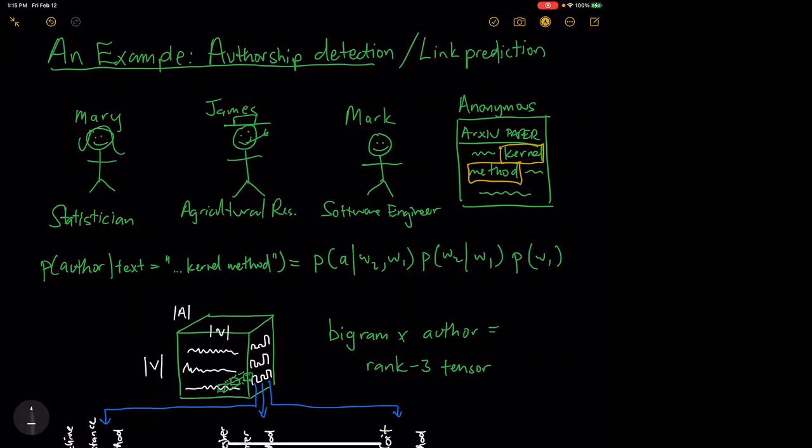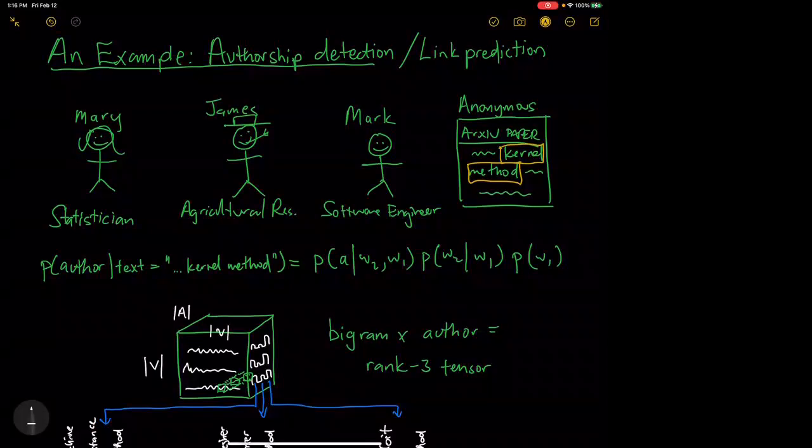Then our final user is Mark. Mark is an operating system software engineer. So he sees a kernel method and thinks this is something to do with the kernel of your operating system. Anyway, we're just trying to determine the most probable sources of this document. We might be able to use this to do link prediction or authorship detection.